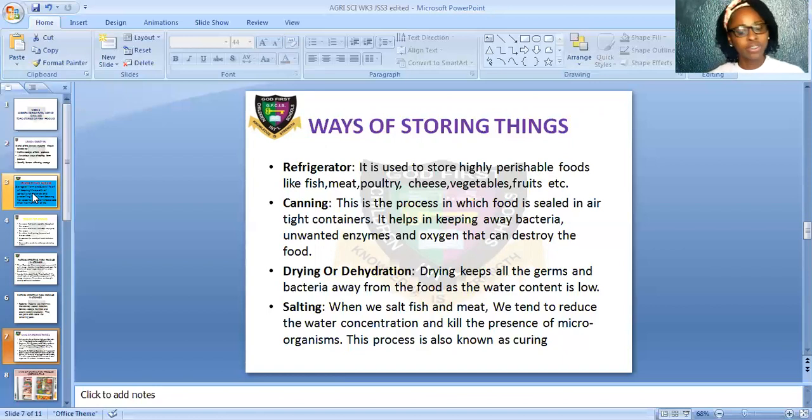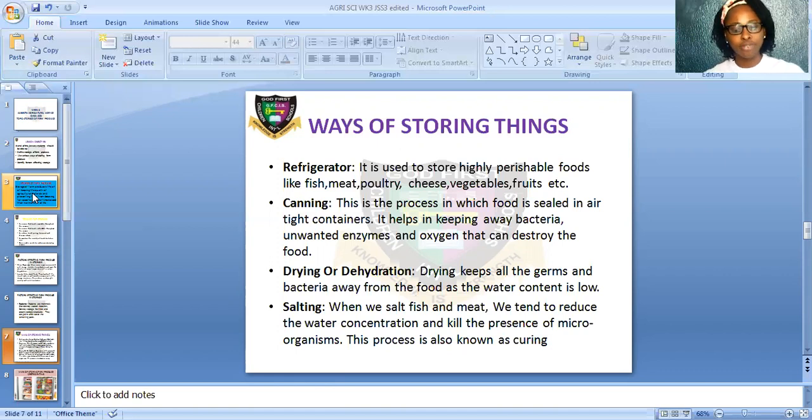We have another one, drying or dehydration. Drying keeps germs and bacteria away from the food as the water content is low. For example, we sun dry our fishes. Sometimes we call them dry fish, sometimes smoked fish.